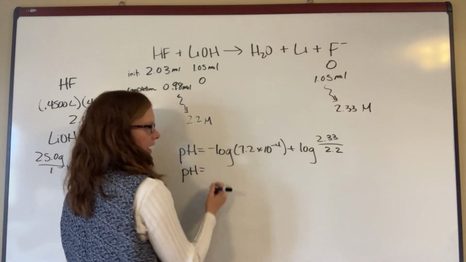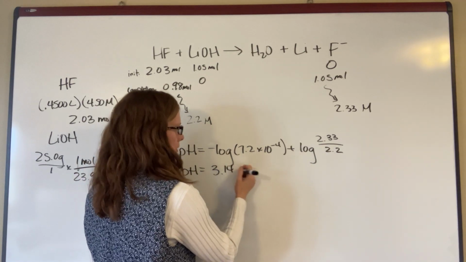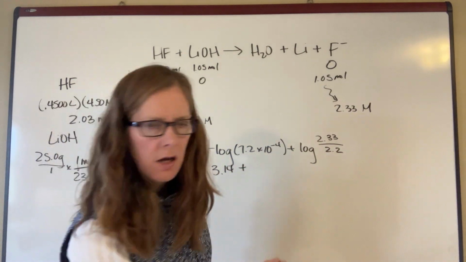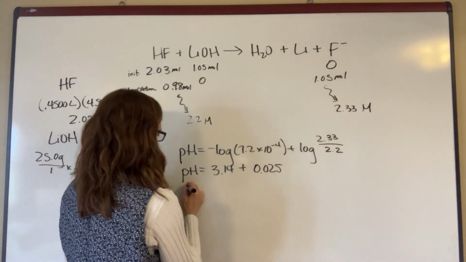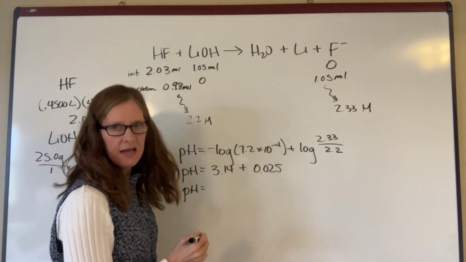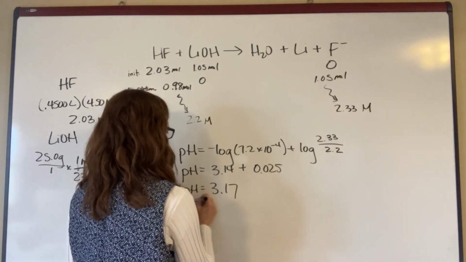And so dividing that out, that's going to give me 3.14 plus 0.025. And therefore, the pH is going to come up to be 3.17.